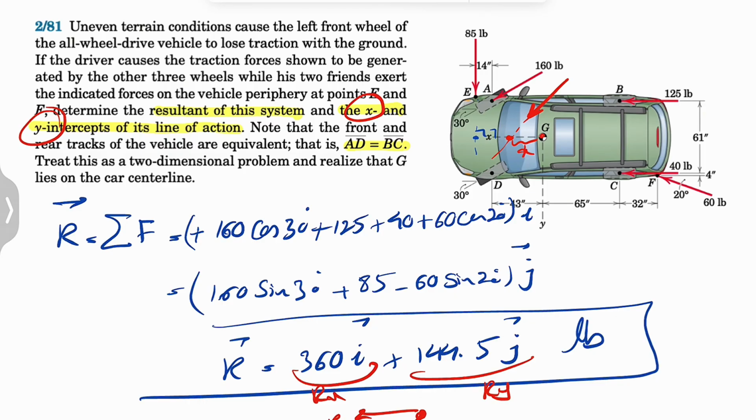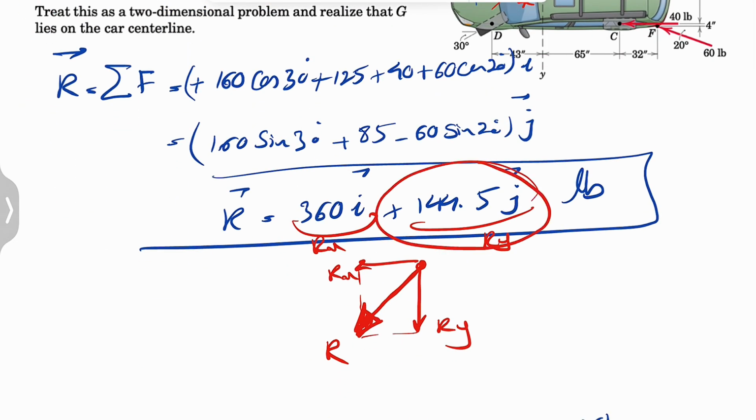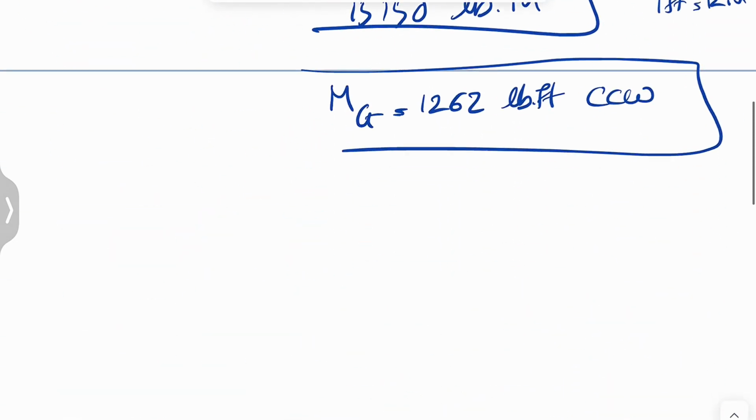If you resolve it in these two components, the x component won't make any moment. We have the moment of the y component of R, which is 144.5. So Mg is equal to Ry times x.